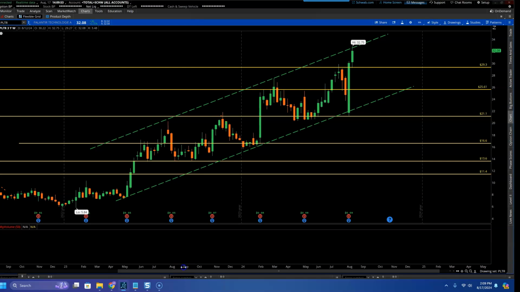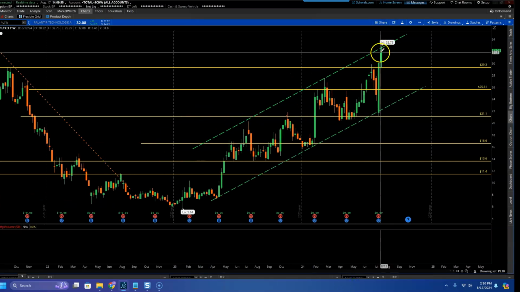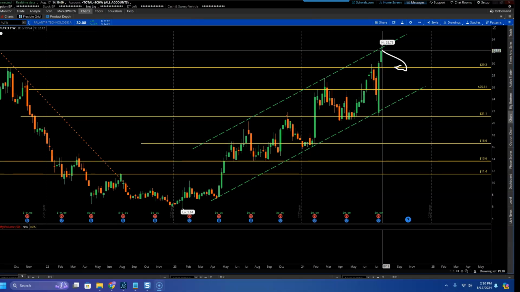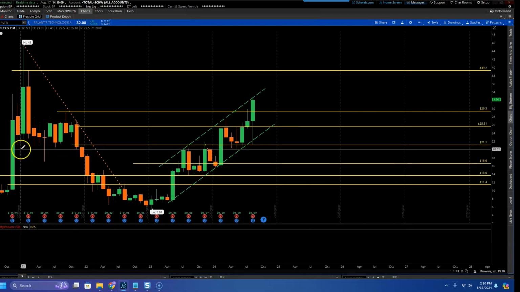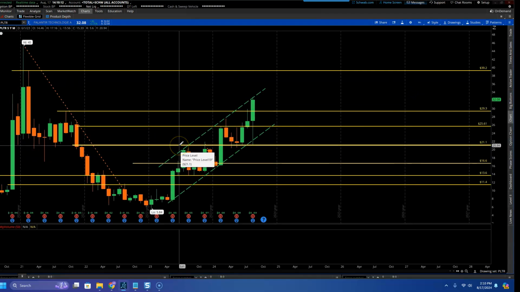Okay. PLTR, another strong name, really nice close on the weekly level. Weekly chart looks nice. We are testing this top trend line of the channel, so maybe a retest is in play, back towards the 293 area right here before it moves back up. But for right now, really nice looking chart, strong name, momentum is there, and I think it's in the news as well.